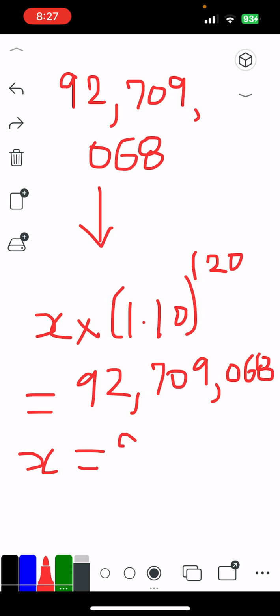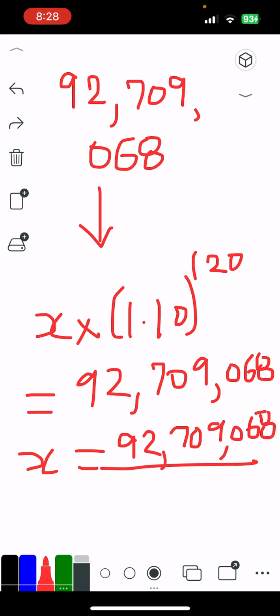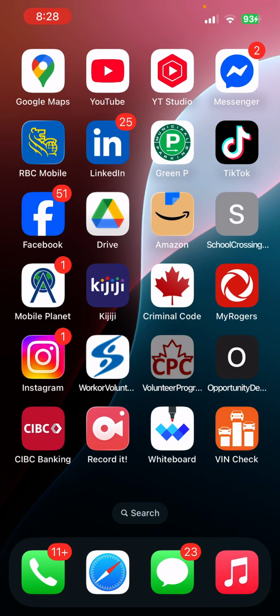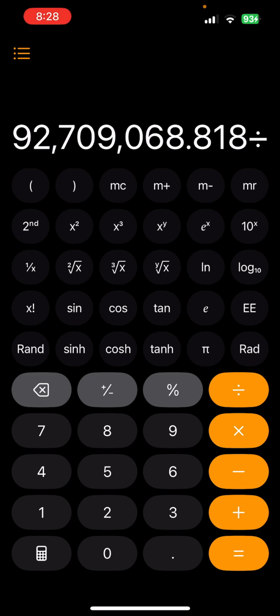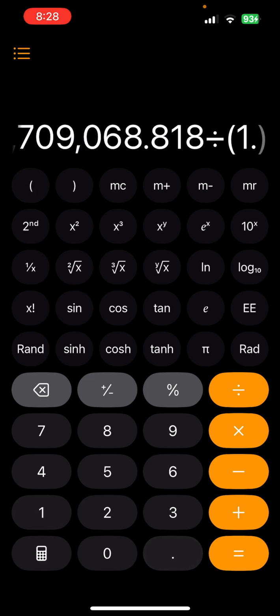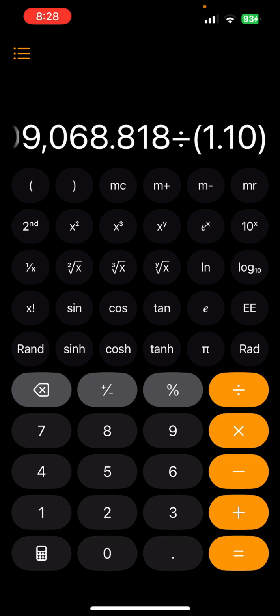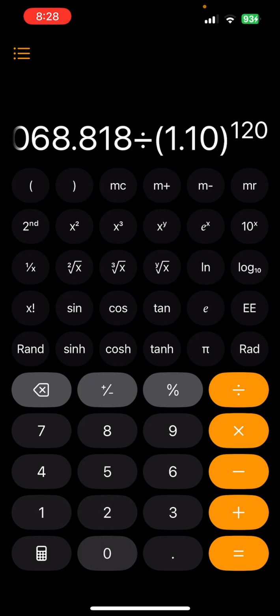So this becomes 92,709,068 divided by 1.10, all raised to 120. We can do the math over here: 92,709,068 divided by 1.10, all raised to 120.